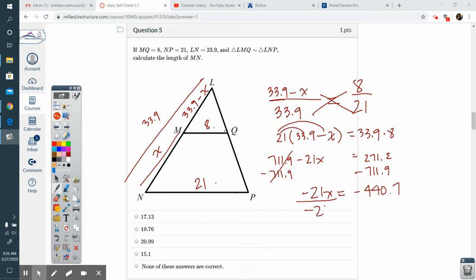Now, if I divide both sides by negative 21, so take that negative 440.7, divide it by negative 21, and that equals 20.99. Now just look over. Is x what we're trying to find? We called this x. Look up here. MN is indeed x. And so this is the answer, 20.99.